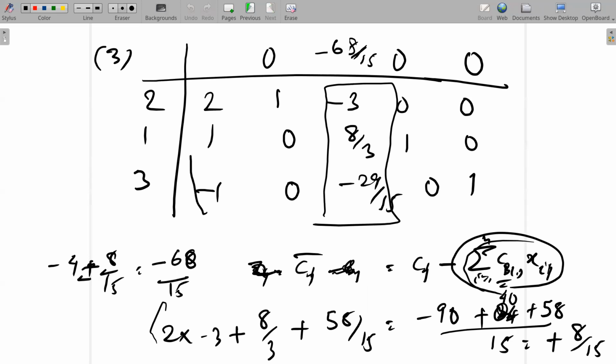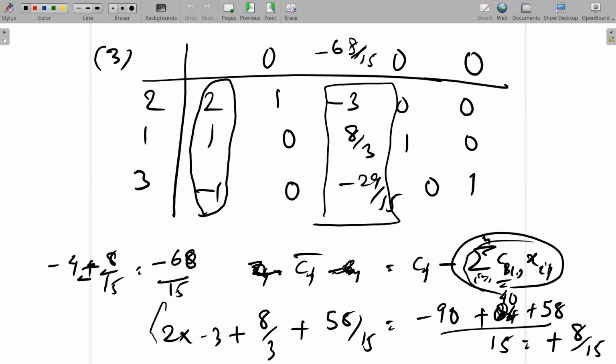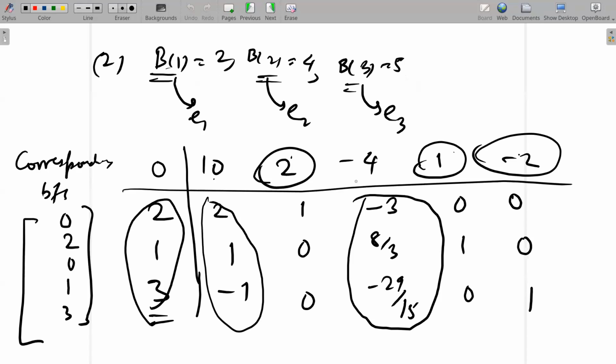Now let's do it for the first column, so as not to repeat any confusion. In that case, the summation for i equals 1 to m of Cbi xij is, you have 2, 1, minus 2. These are the cost variables corresponding to the basic variables. Then the vector is 2, 1, minus 1. Those are the xij's.